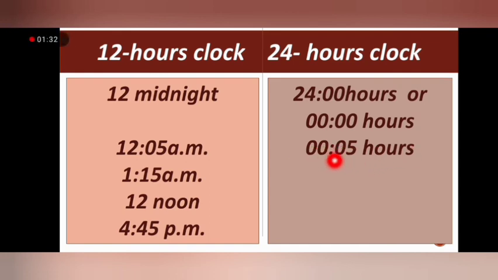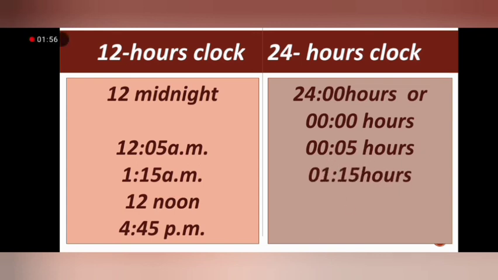After 12:01, the time will be converted into 24 hours, that will be 00 hours. Otherwise, we will enter in 25 hours, and we don't have 25 hours in a day.